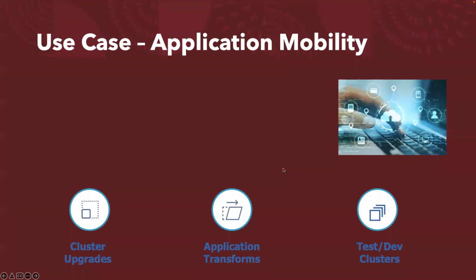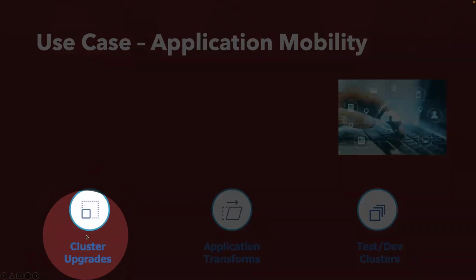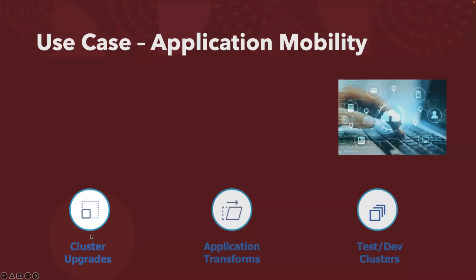So there are a few typical use cases why customers use application mobility. The major typical use case is cluster upgrade, where you might be running an older version and want to migrate to the newer version. For this demo, I'm migrating from 1.19 to 1.22, from Huawei Cloud to Alibaba Cloud.